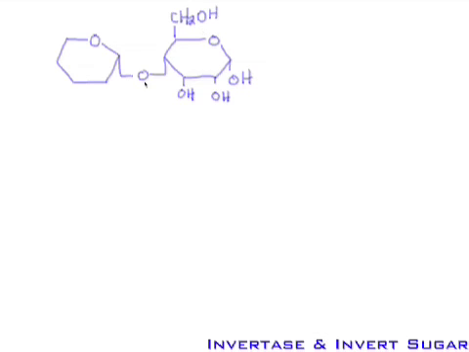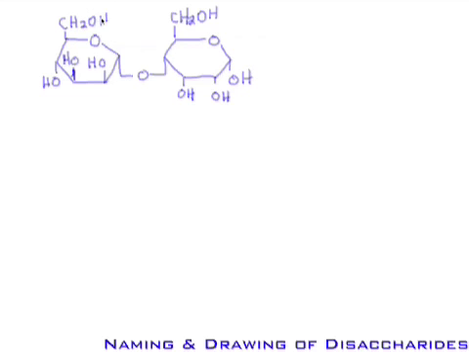So I'm just randomly generating a monosaccharide here. How on earth do you name a sugar for which there is no simple common name? This clearly is not maltose, cellobiose, lactose, or sucrose.